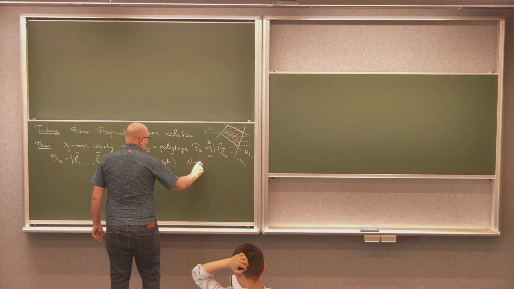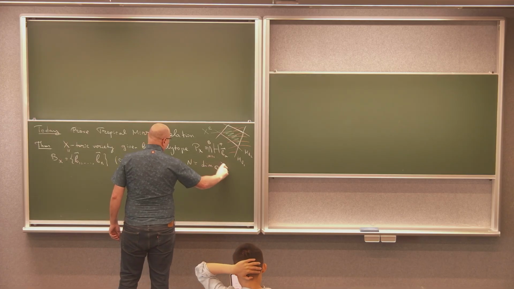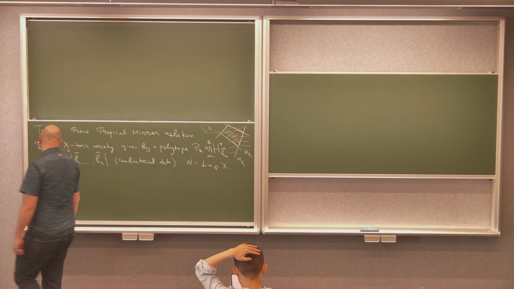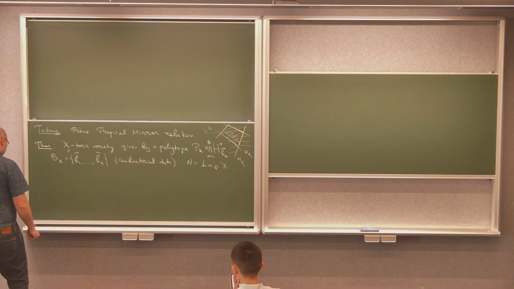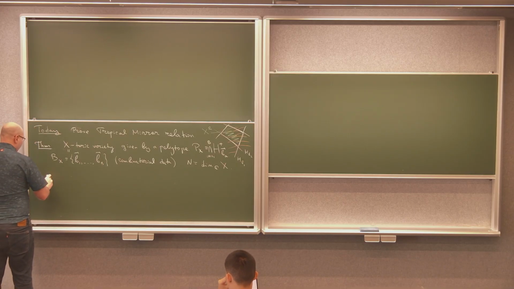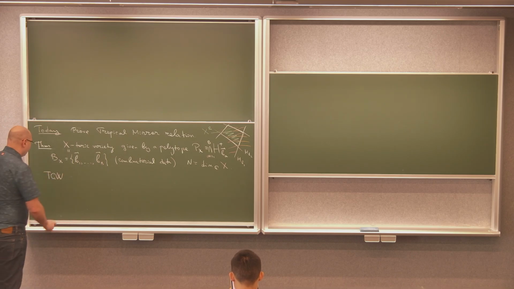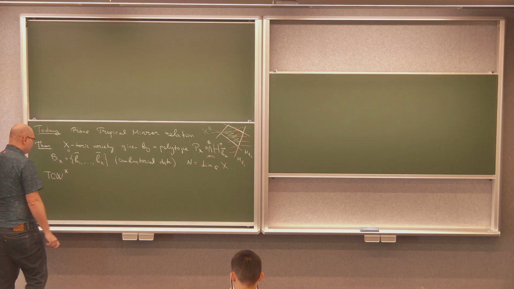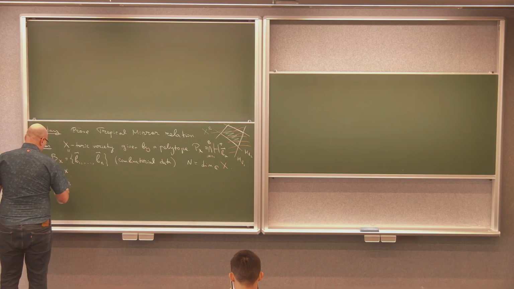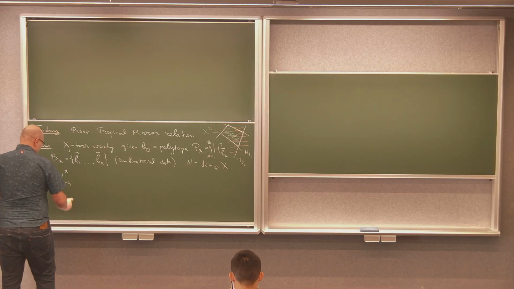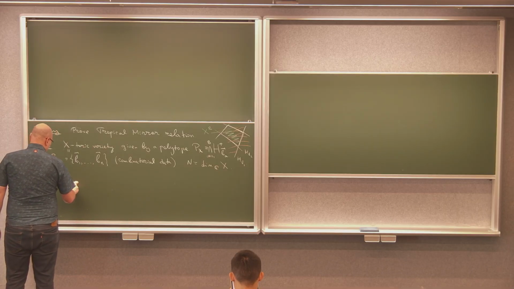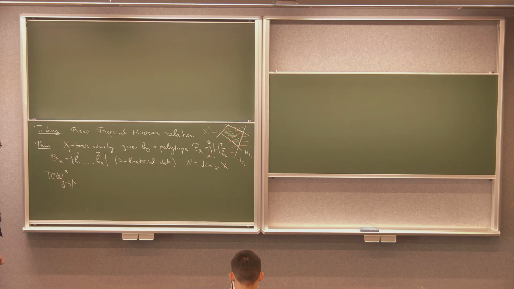And we will also use capital M, the complex dimension of this X. Okay, so on this toric variety X, we compute tropical Gromov-Witten invariants. In our case, we will look at genus 0 tropical Gromov-Witten invariants, and arbitrary degree beta.